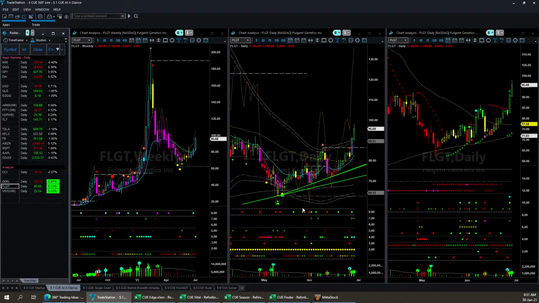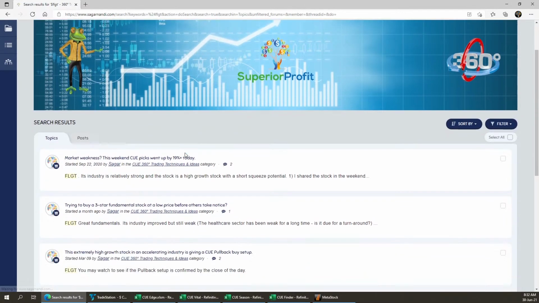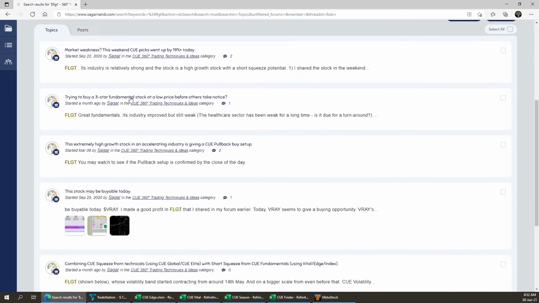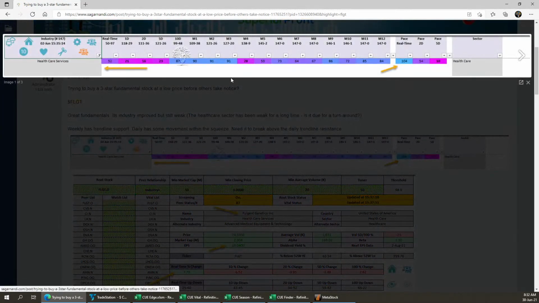Another healthcare stock that I mentioned I bought, and I mentioned I bought it when, let's look at the forum post. I shared it on my website sagarnandi.com. That was a month ago. Let's look at the analysis that I shared at that time before knowing the result.